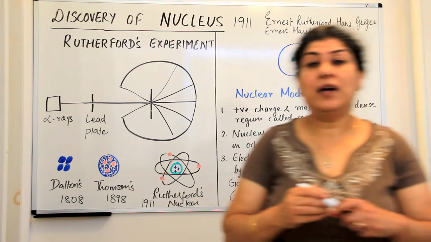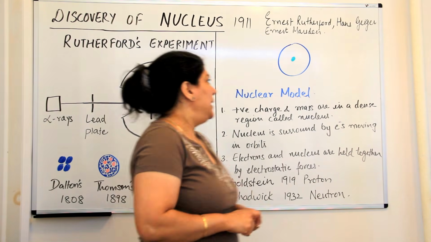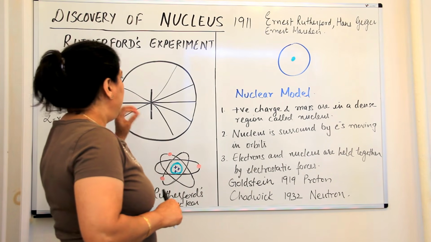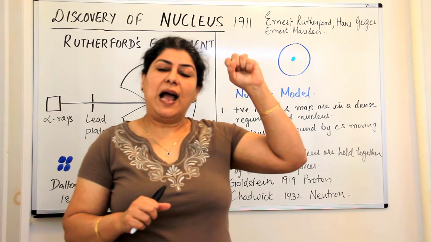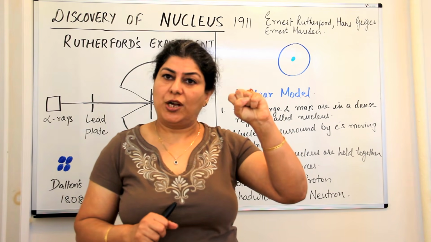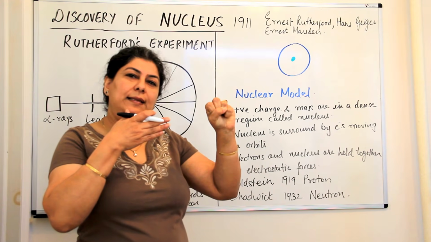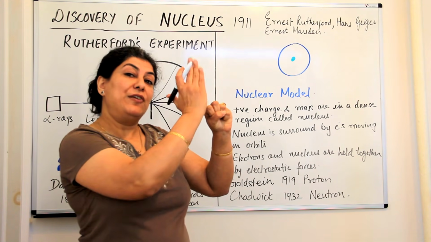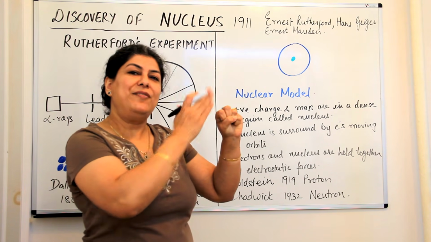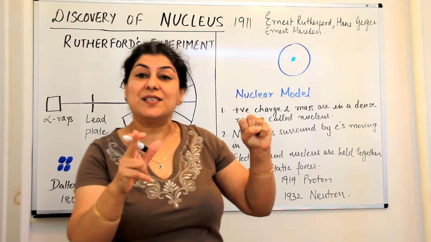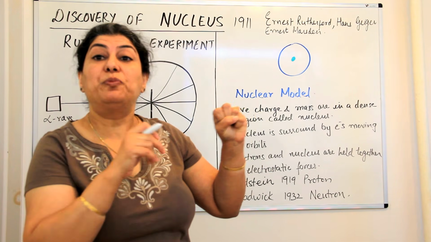From these three observations that he made, he concluded something. He said that the alpha particles are positively charged. And if they are positively charged, how is it possible that they are deviating from their path? They can only deviate if there is positive charge pushing them away.